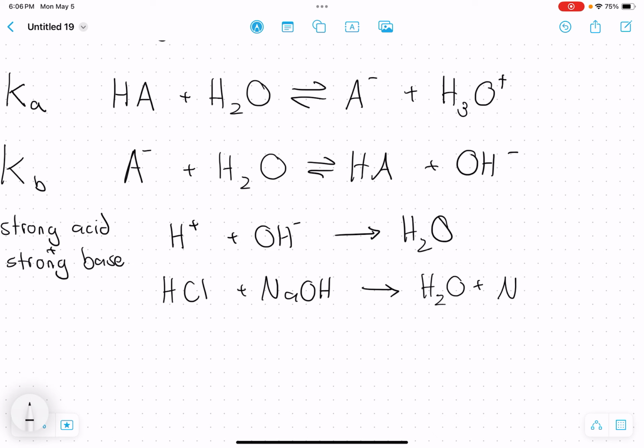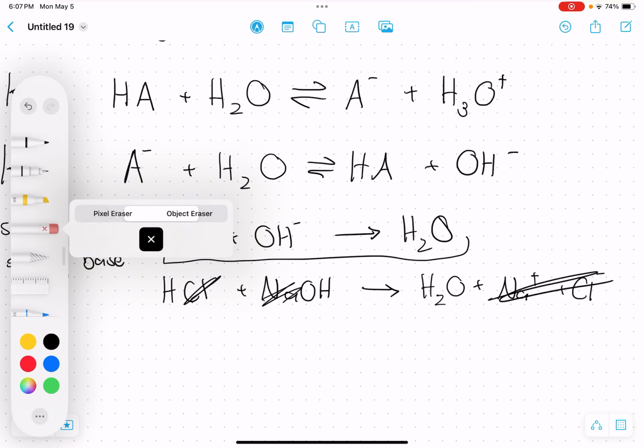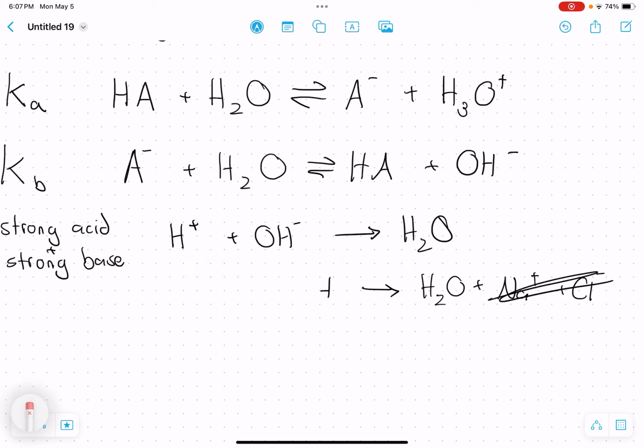We just also have sodium and chlorine. The reason why I simplify it to this is because those guys don't do anything. They're just spectator ions. They don't actually participate in the reaction. So anytime you have a strong acid or a strong base, just get rid of those spectator ions. So just write it as H plus and OH minus. And I think that'll help you not get quite so confused.